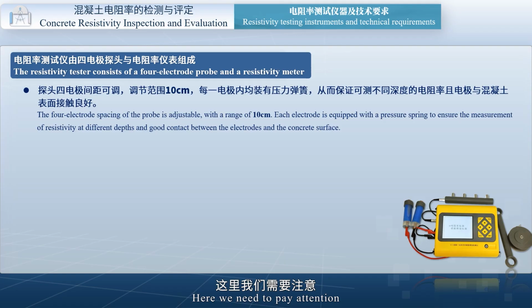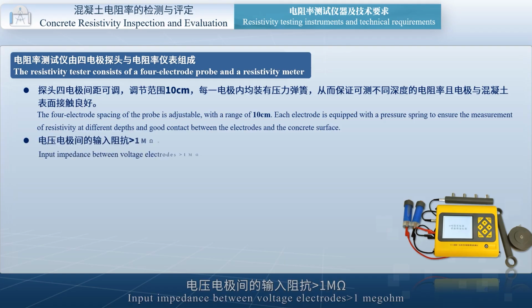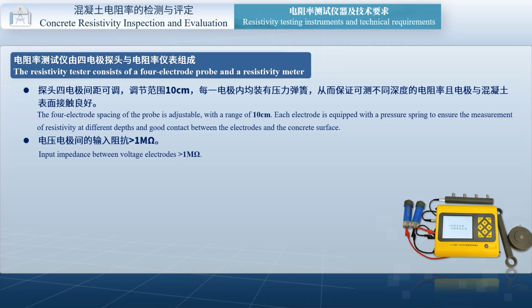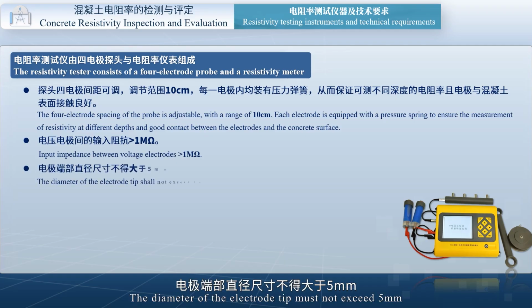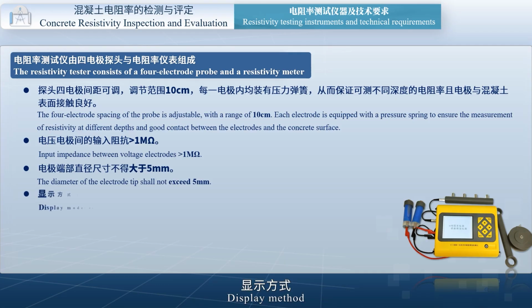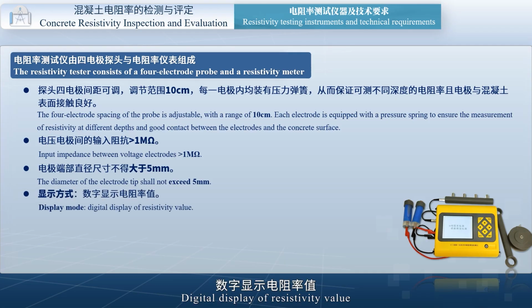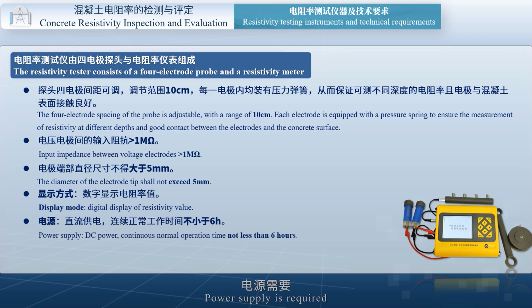Here, we need to pay attention. Input impedance between voltage electrodes: 1 megohm. The diameter of the electrode tip must not exceed 5 millimeters. Display method: digital display of resistivity value. Power supply: DC supply.